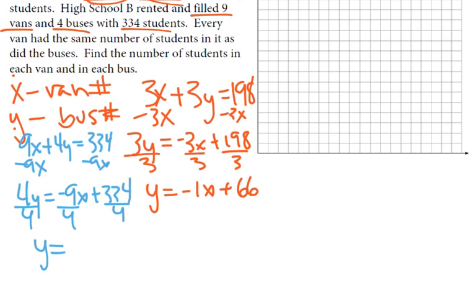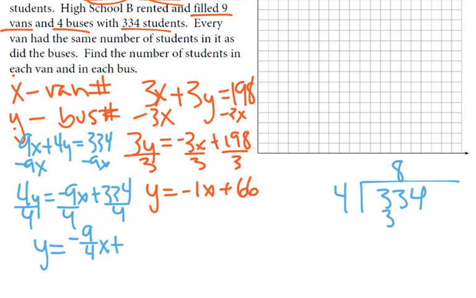We get y equals negative 9/4 x plus, can 4 go into 334? Goes into 33 8 times, that's 32, minus 14. No, it won't go in evenly, will it? So we could cut it in half. Divide 334 by 2. Would go into that.